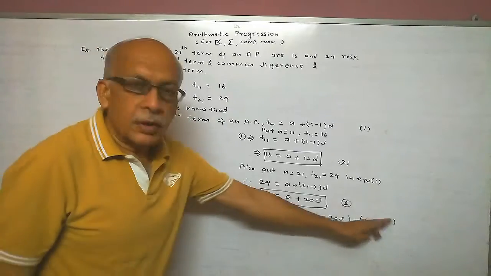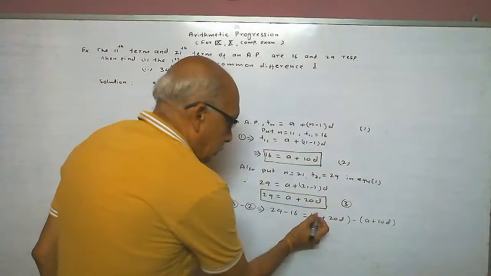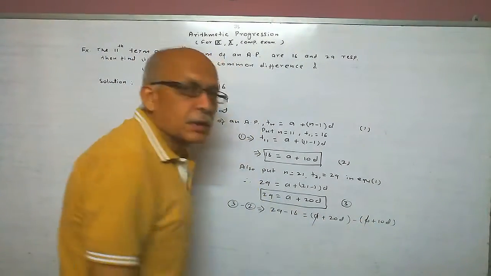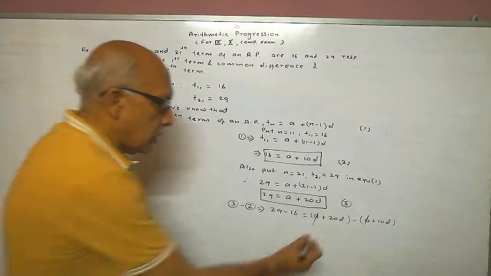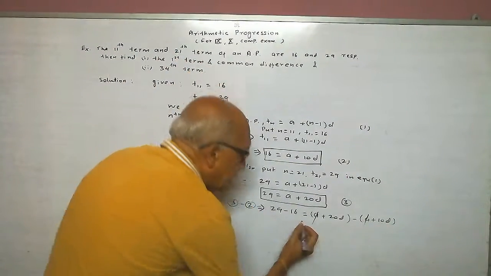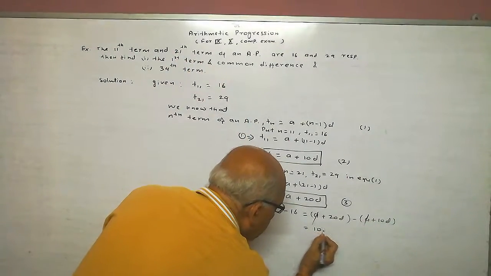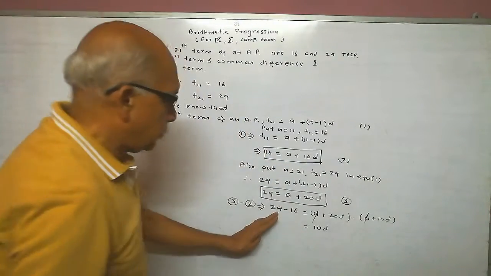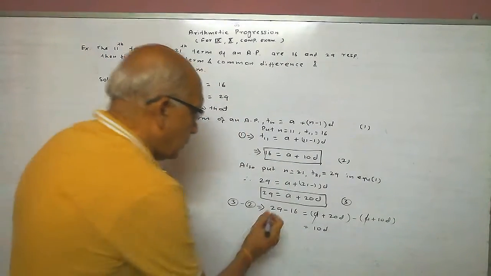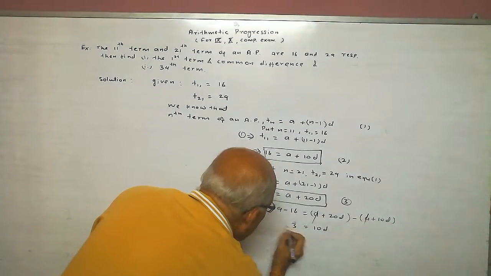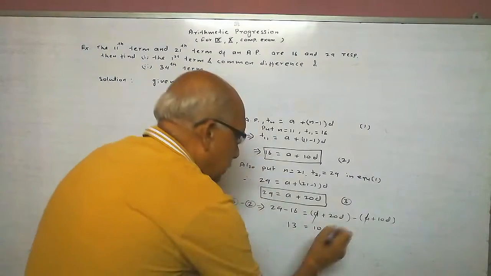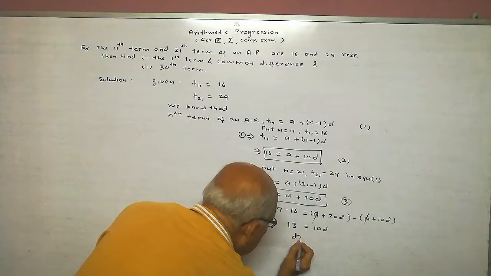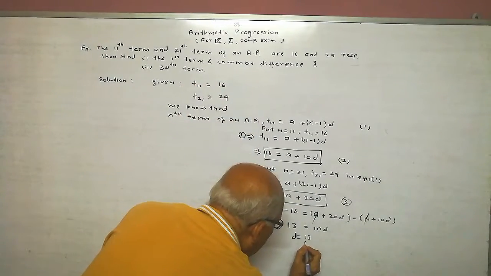Now take the negative sign inside, so we can cancel a and this a. It becomes minus a, and 20d minus 10d, that is 10d. And 29 minus 16 is 13. Divide by 10, so d is equal to 13 upon 10.